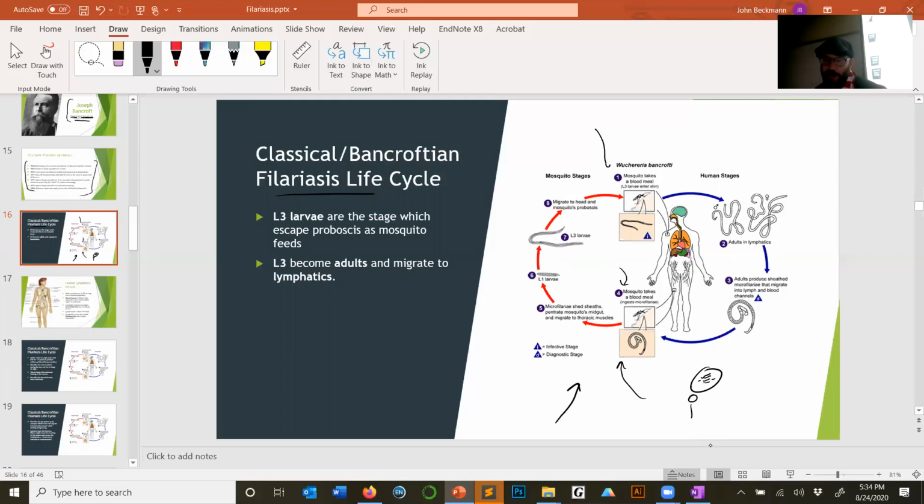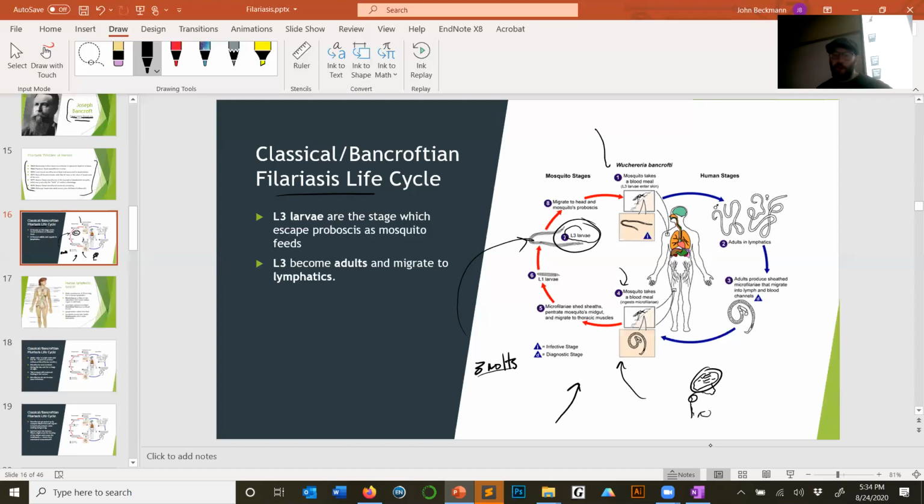Now these worms are baby worms. These are microfilaria. They go through molts, probably 3 molts to get the L3 larvae, in the mosquito itself. While they're in the mosquito, they don't just stay in the gut; they get out of the gut and go to the head and all the way down into the proboscis and infect the proboscis as L3 larvae.